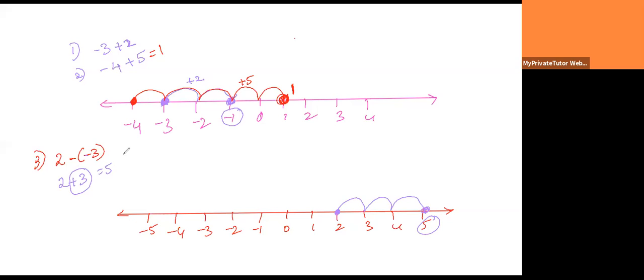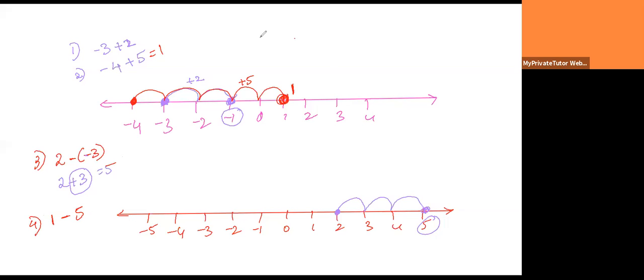Let's try one more question. The fourth one. Okay, let's take 1 minus 5. I hope everyone knows the answer. What is 1 minus 5? Let's see how it works on the number line.